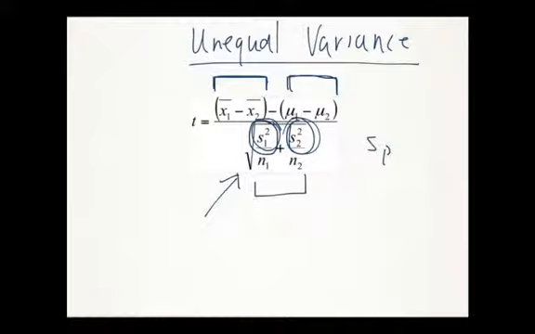The unfortunate thing about this unequal variances test statistic is that the distribution of it is difficult to derive, and therefore we have to approximate it using a t-distribution with this strange formula for the degrees of freedom. Let me show you that.